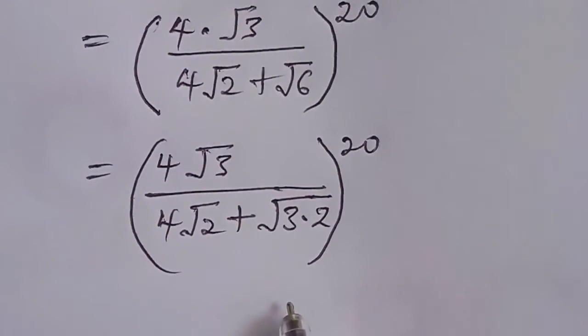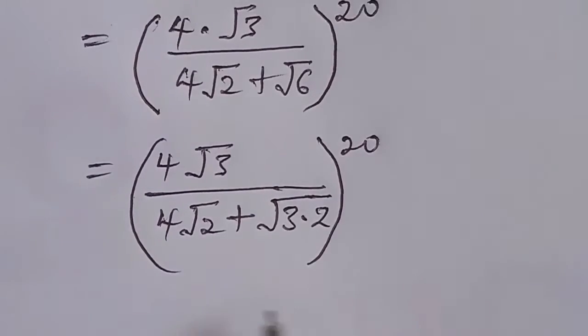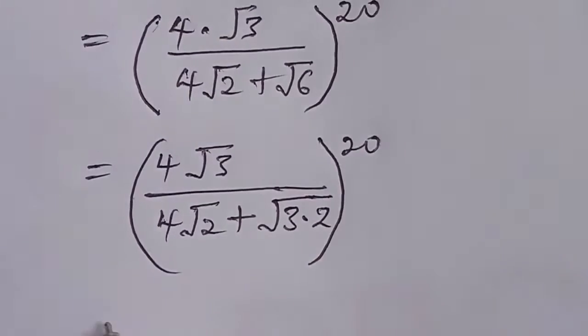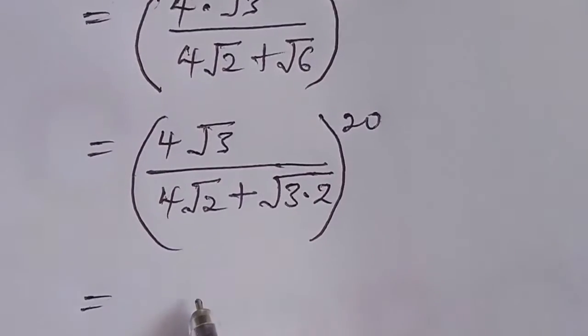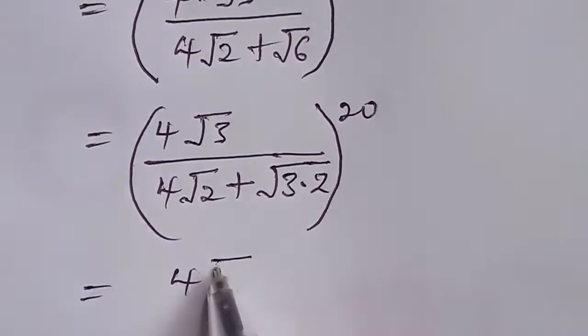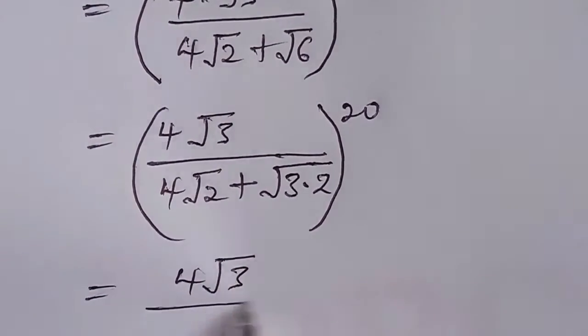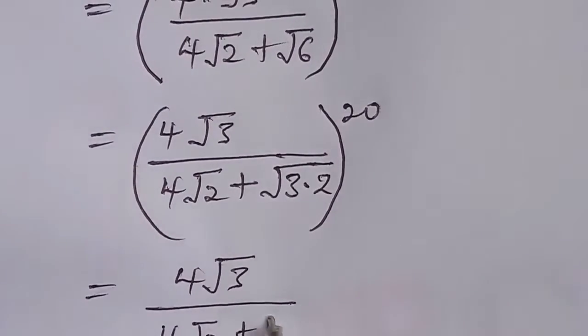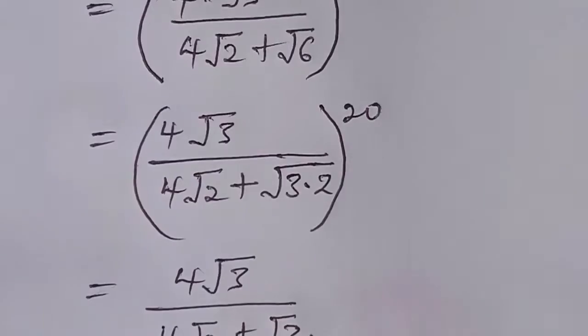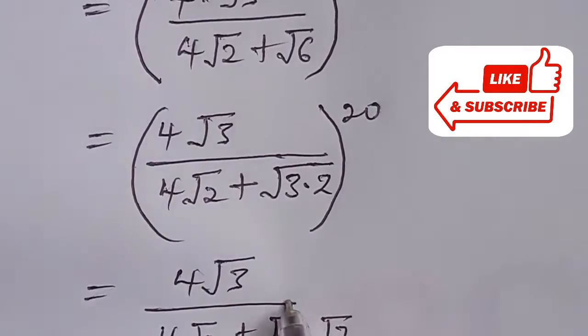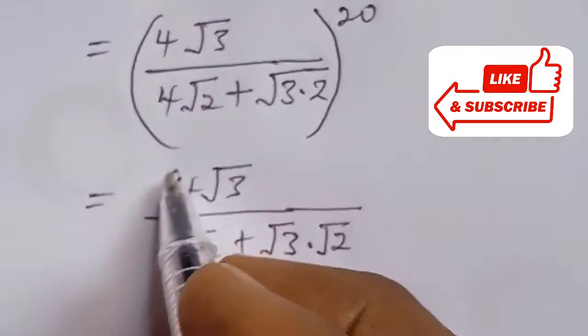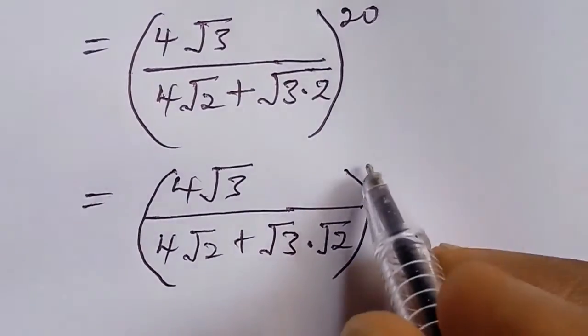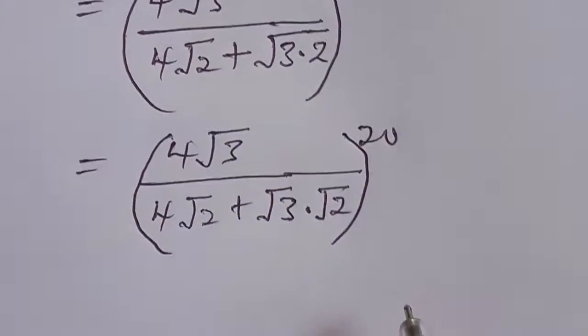Now the next step can be written by separating the denominator, so we have 4 square root of 3 over 4 square root of 2 plus square root of 3, then multiplied by square root of 2. This as well into brackets to the power of 20.